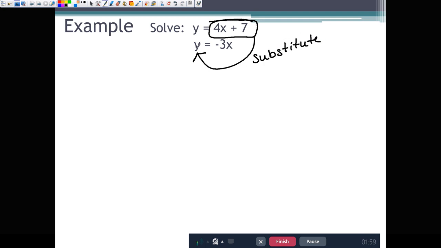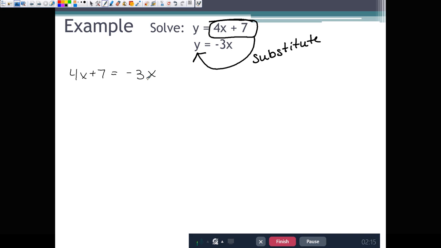So instead of y, I'm going to have 4x plus 7, instead of this y equals negative 3x.